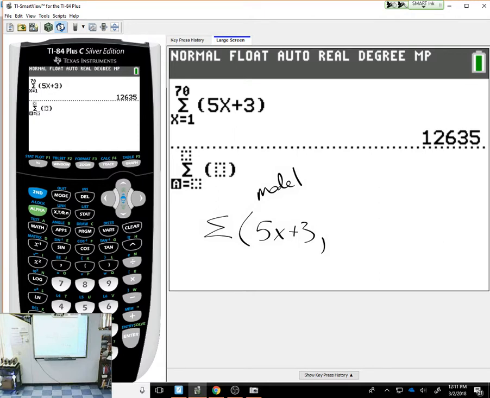Then it wants to know what the variable is, in this case, x. And then the starting point. So which a sub am I starting at? In this case, 1. And then I'm going to go to 70. So start and end, and then close the parentheses. Press enter. And you should get, hopefully, 12,635.